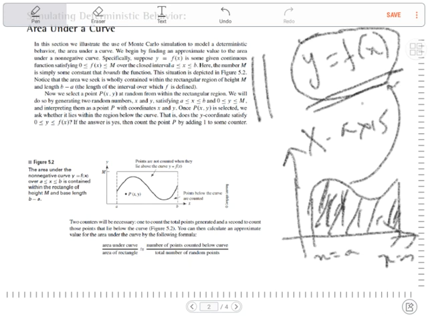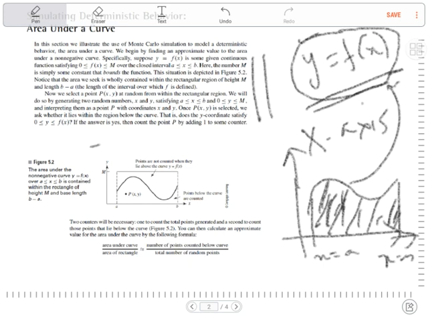Now let the function be bounded. For the sake of simplicity, we are taking the function to be of positive value. That means f(x) lies within the range greater than or equal to 0 and less than or equal to m, where m is the upper bound, whenever x is running within the interval a to b. This is the curve, as I said, so f(x) is less than or equal to m.